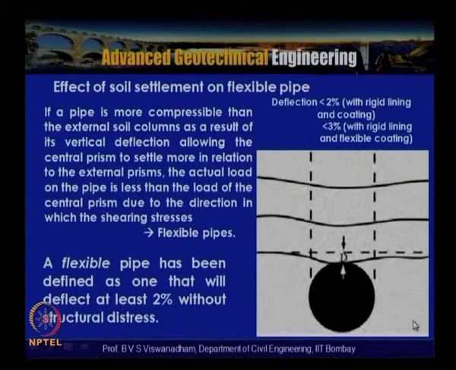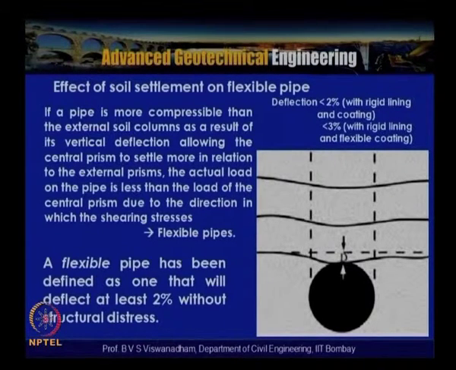A flexible pipe has been defined as one that will deflect at least 2% without structural distress. There is also another definition: the deflection is limited to less than 2% with rigid lining and coating, and if you are having rigid lining and flexible coating, then it is 3%.